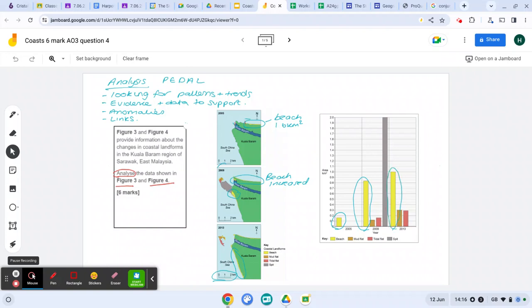So we've got this general trend of increasing deposition. We can also see this with the mud flats and the tidal flats. These have also increased. They've nearly doubled in size from 2009 to 2013.